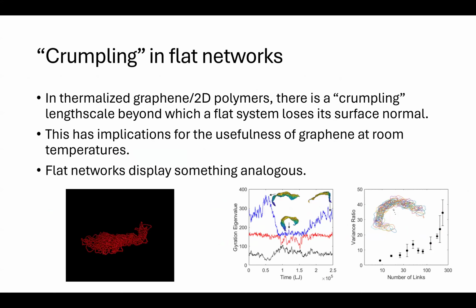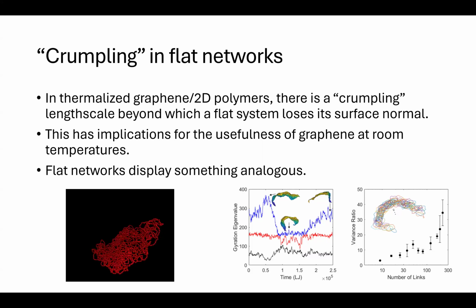All right. Another thing that's cool is that the thermalized graphene community is interested in what's called a crumpling transition. The idea is that a two-dimensional polymer, which is how they model thermalized graphene, is effectively flat at any length scale, but as these networks or sheets get bigger, although they remain locally flat, there can be a loss of a global surface normal.